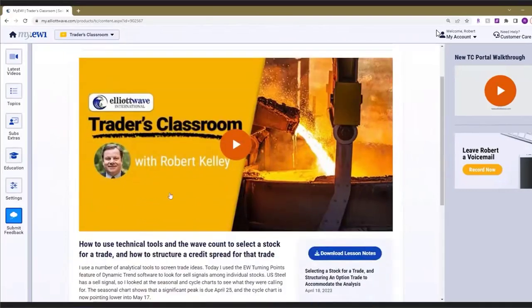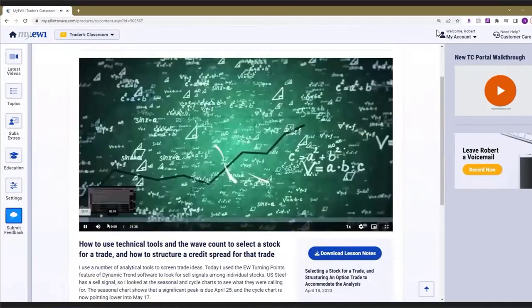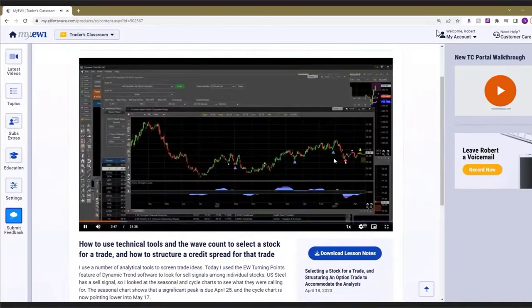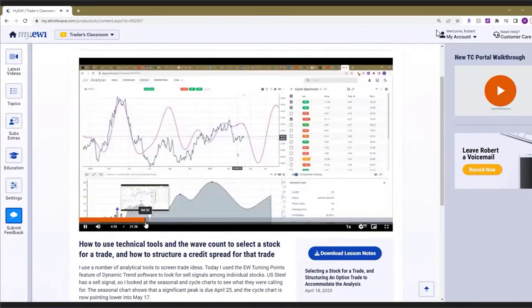April 18th, I found a signal for U.S. Steel, X. And that was the idea generation. Then I went and looked at the cycle picture, which was negative.